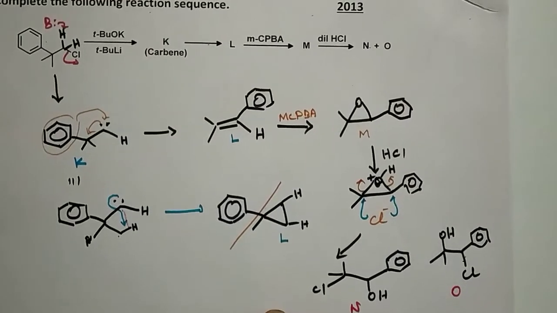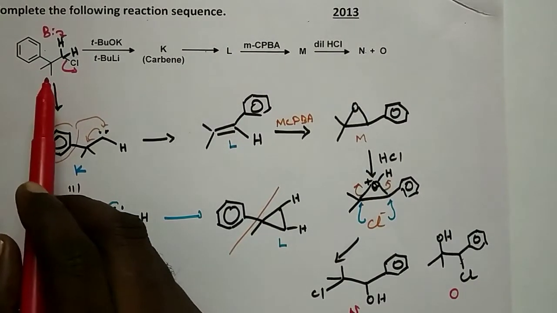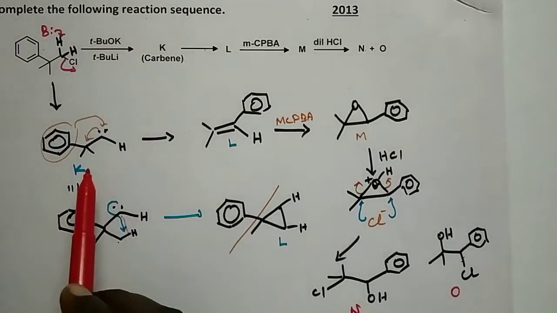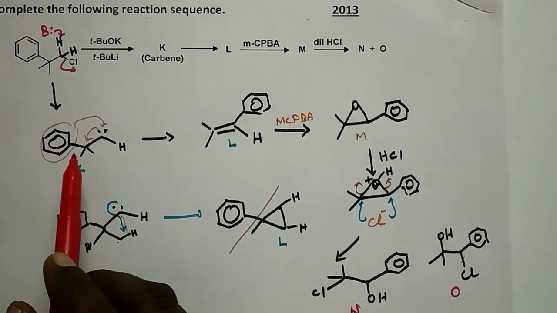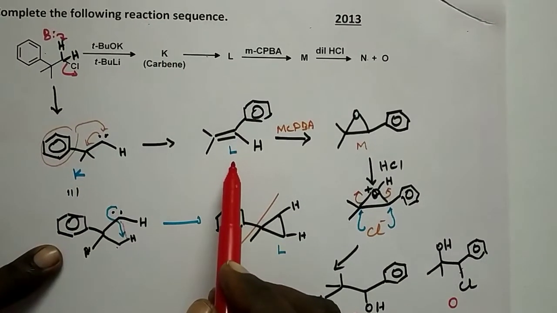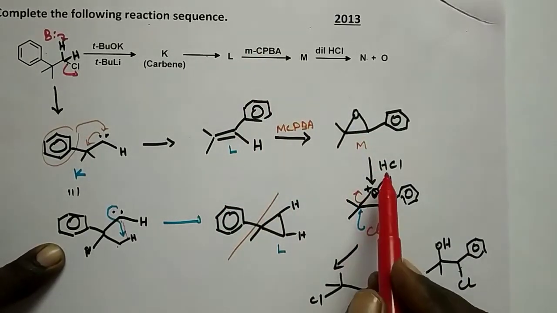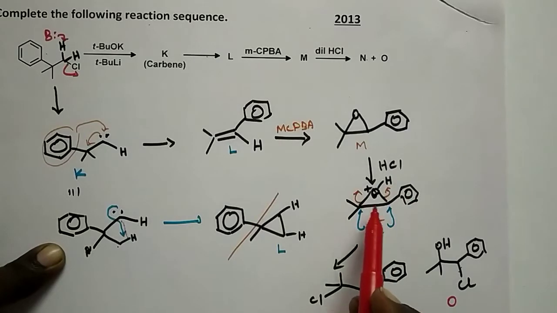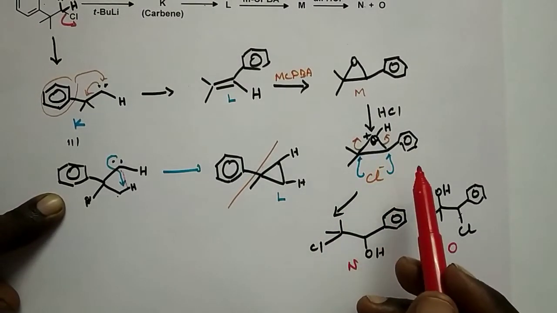This is all about the entire sequence. Let me narrate once again. You generate a carbene. Carbene undergoes rearrangement and not CH insertion. If it rearranges, you get an olefin. That is product L. On treatment with MCPBA, you get an epoxide. Epoxide on treatment with HCl undergoes ring opening. When the epoxide opens, two sides are possible.